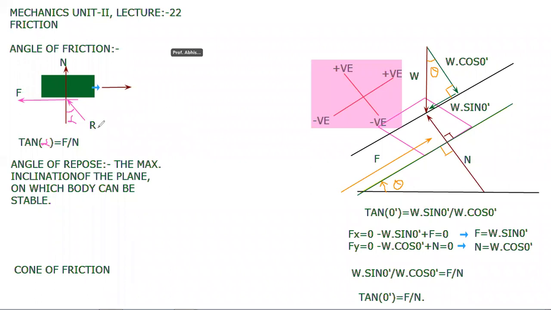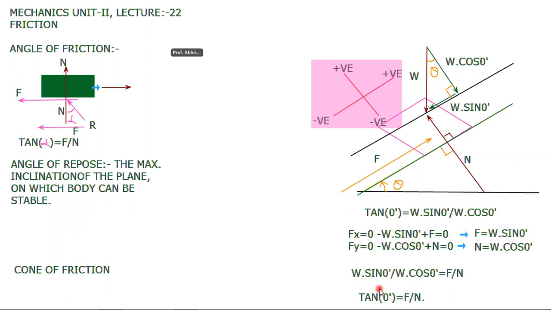Now what is your F? You can draw this F parallel here, and N is vertical. So F divided by N is opposite divided by adjacent, which is tan alpha.